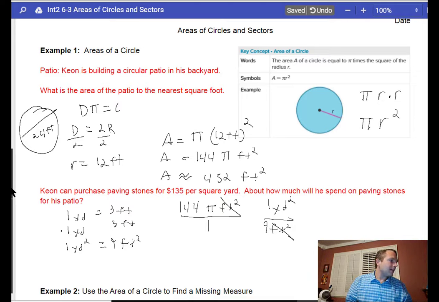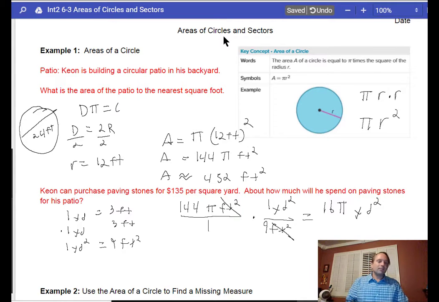I'm going to divide the 144 by 9. So that is 16. Now, for those of you that didn't realize that, 1 second. Why, yes, it is. So it's 16 pi. But wait, it's not feet squared anymore. It's now yard squared because the feet squared canceled out.